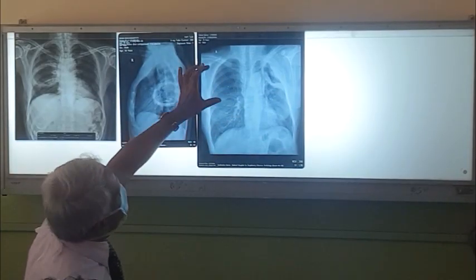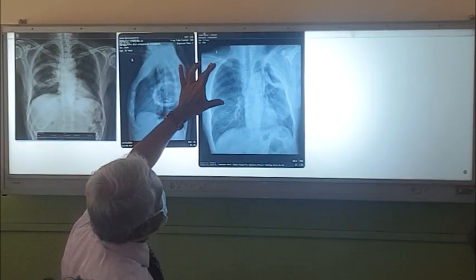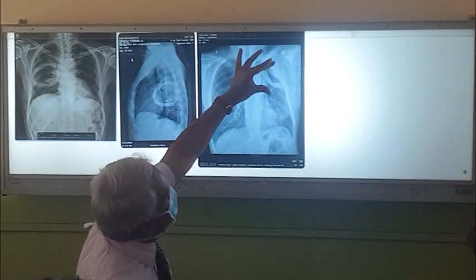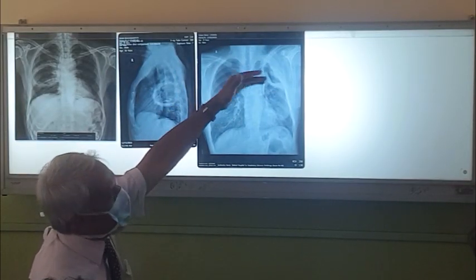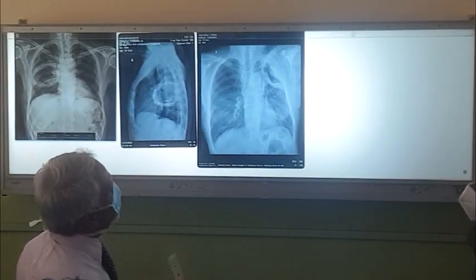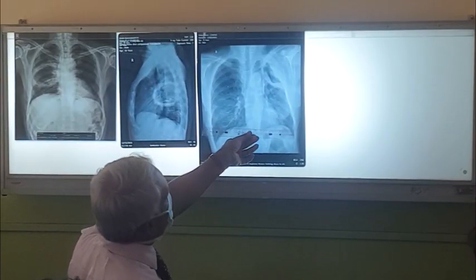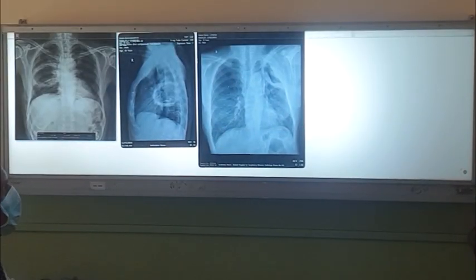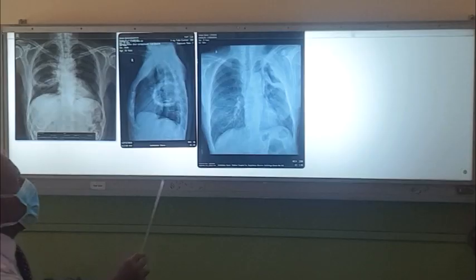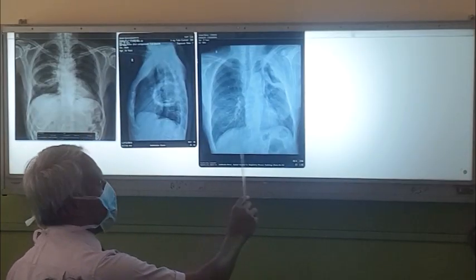In addition to that, compared to these ribs, on the left side rib crowding is there, right? Even the left hemidiaphragm is now coming up, right? So I told you, these are features of underlying lung collapse. The cardiac shadow, mediastinal shifting this way.